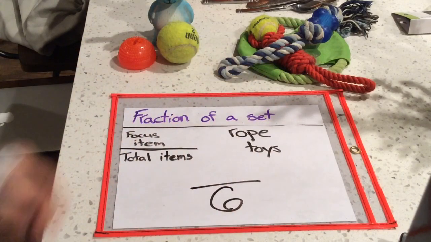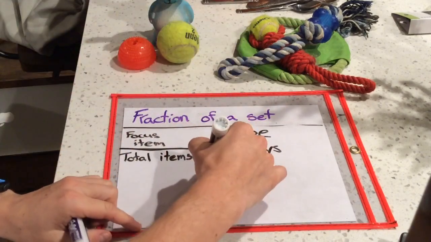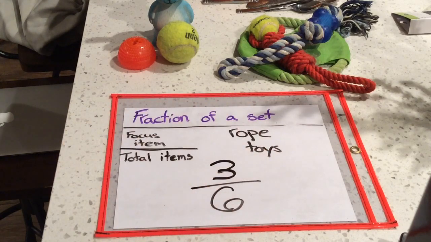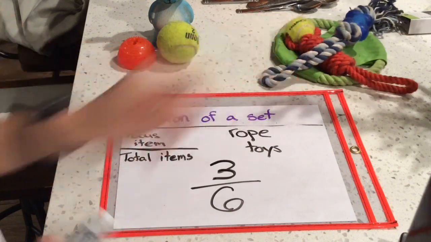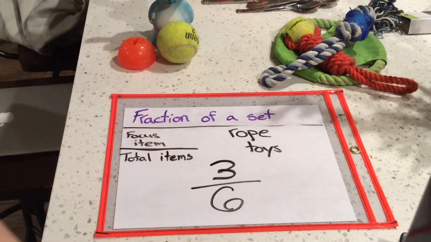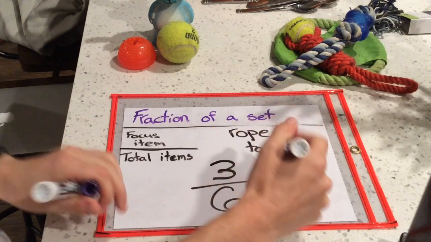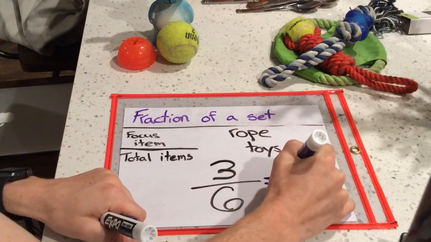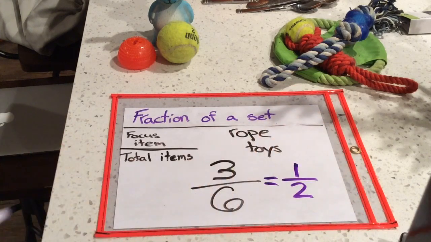How many of them are rope toys? 1, 2, 3. I could say that 3/6 of my dog's toys are rope toys. Or I could say that half of them, I have 3 toys that are rope toys and 3 that are non-rope toys. So an equivalent fraction would be half of the toys are rope toys.